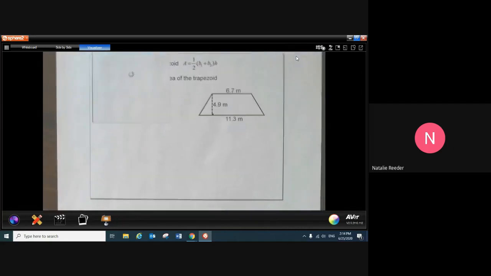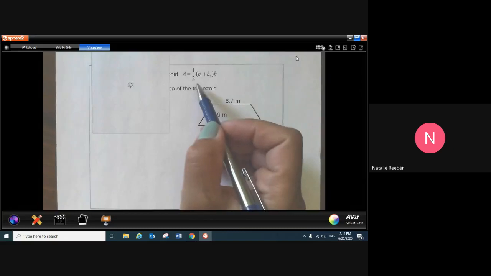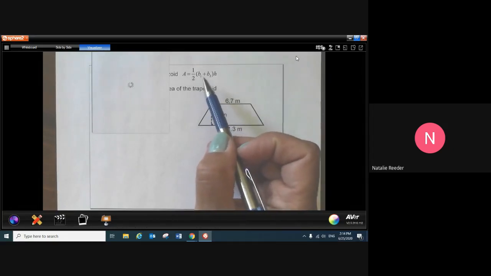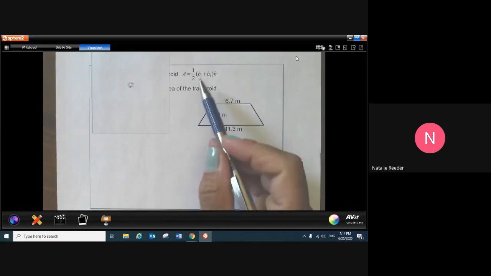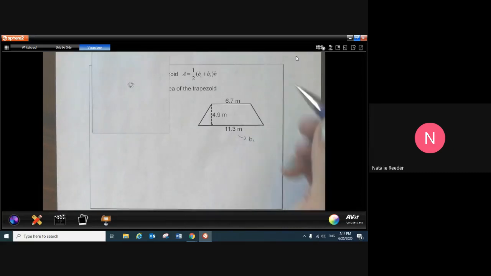Now let's get on to a trapezoid. There's the formula of my trapezoid. It's a half times B1, which represents one of the bases, plus B2, the other base, and then times our height. We could say that B1 is equal to 11.3.